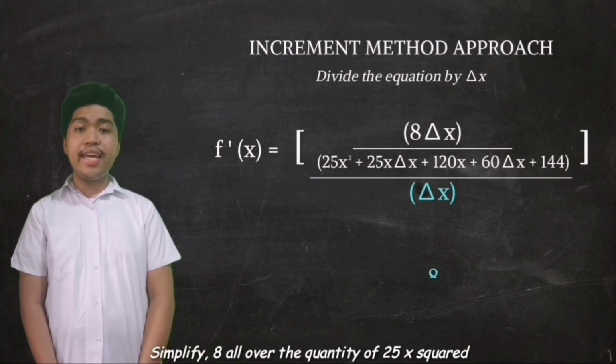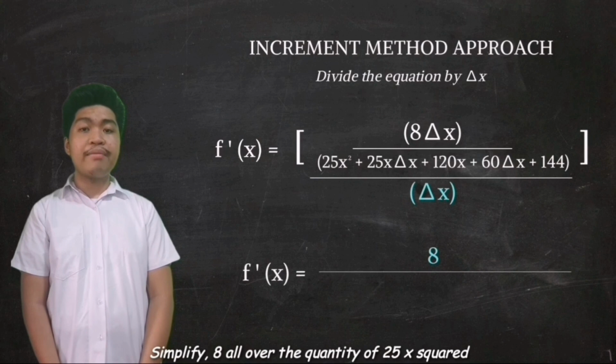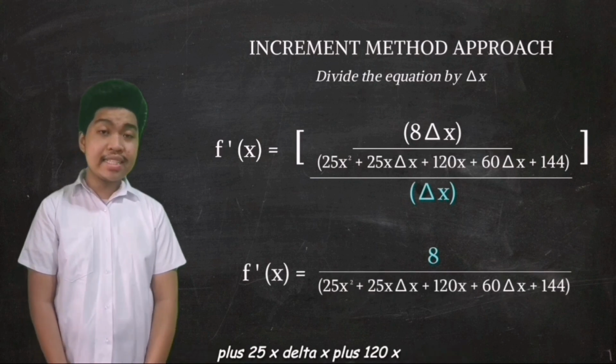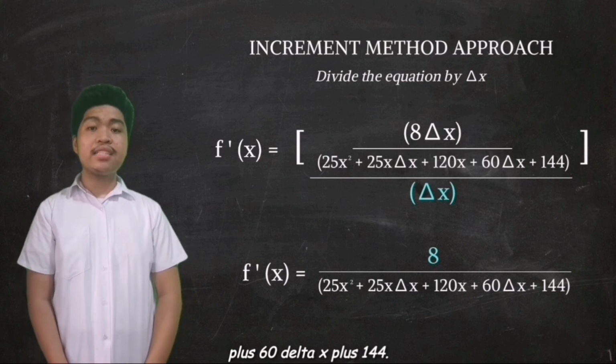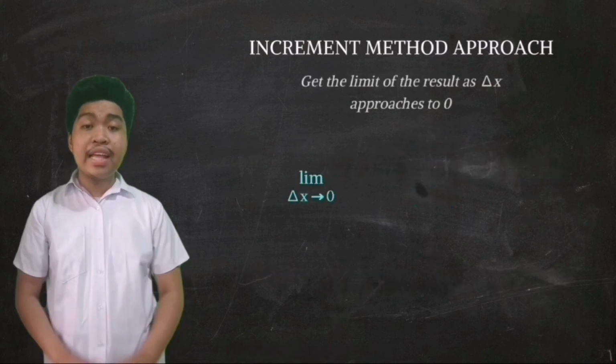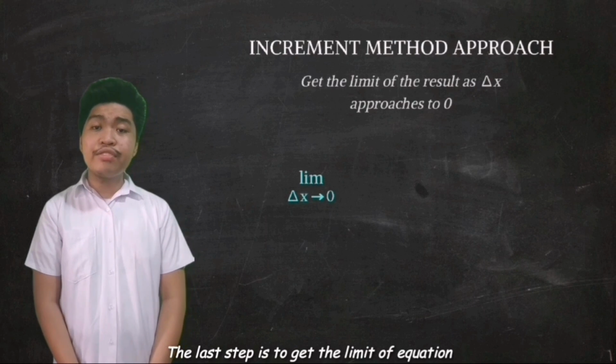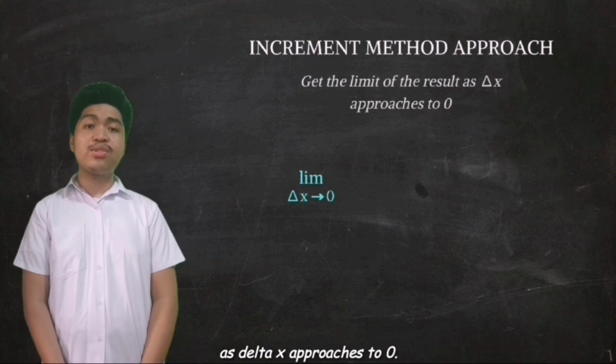Simplify. 8 all over the quantity of 25x squared plus 25x delta x plus 120x plus 60 delta x plus 144. The last step is to get the limit of the equation as delta x approaches 0.